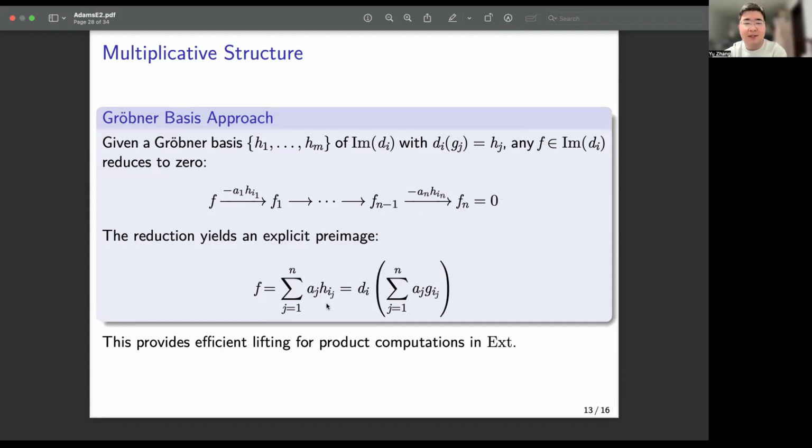And that means it precisely gives us an explicit preimage for this f. So once we have a global basis, we have an efficient way to find the preimage of this element. In other words, the global basis provides an efficient algorithm to compute products in the Ext E2 page.